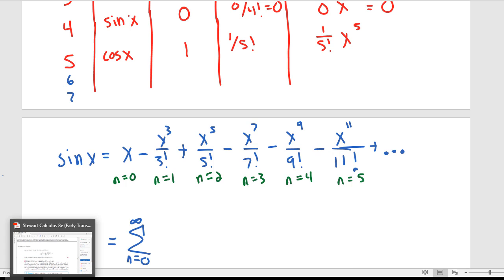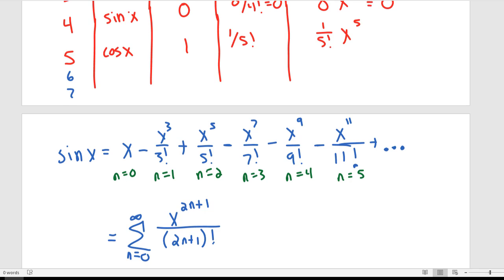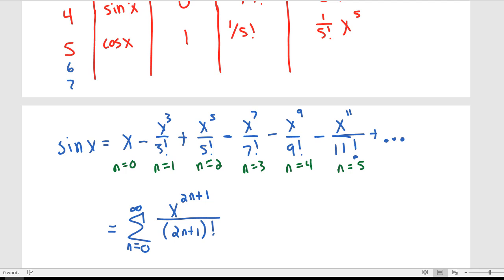Remember, every odd number can be represented as 2n plus 1, and then we would have divided by 2n plus 1 factorial. So there would be the terms of my power series for sine of x. Here is sine of x.